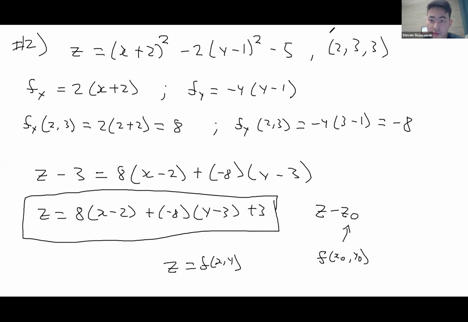Based off this point right here, if 2 and 3 are my x and y values respectively, my z value has to be 3. That would only mean that this point is on this surface right here. So this is just another way of saying z naught is f of x naught comma y naught.